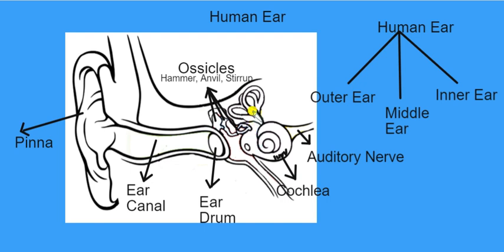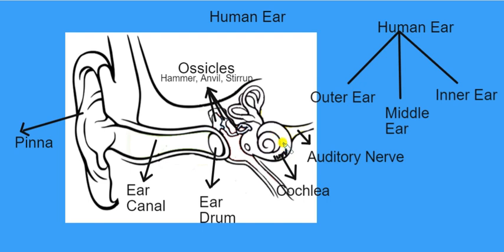As the sound vibrations from the middle ear enter into the cochlea, due to back and forth movement, the hair in the cochlea starts moving and the fluid starts shaking. Due to this movement, the hair converts the sound vibrations into electric or nerve signals.